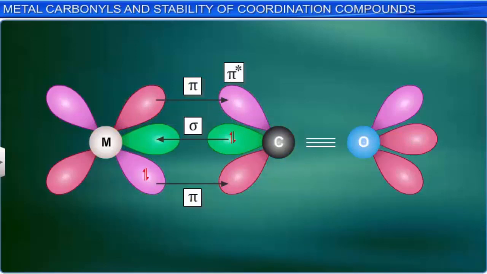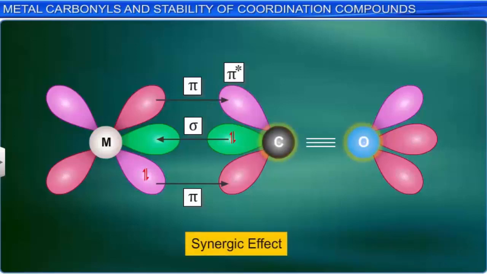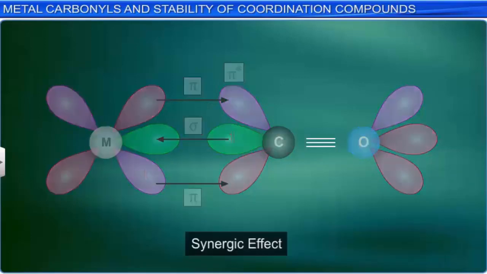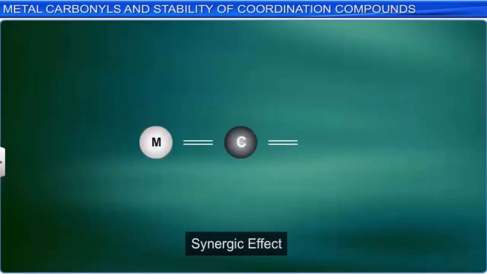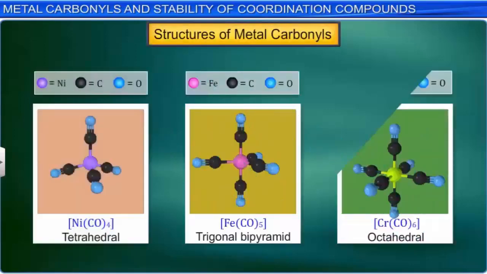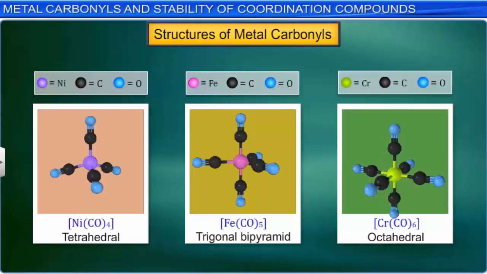Carbonyls have simple and well-defined structures. For example, tetracarbonyl nickel(0) is a tetrahedral molecule. Pentacarbonyl iron(0) is trigonal bipyramidal, and hexacarbonyl chromium(0) is octahedral.